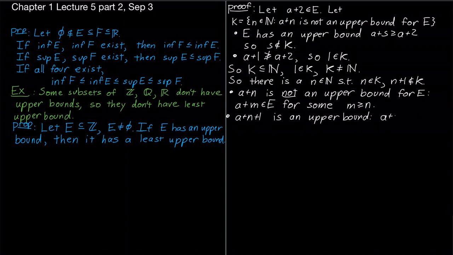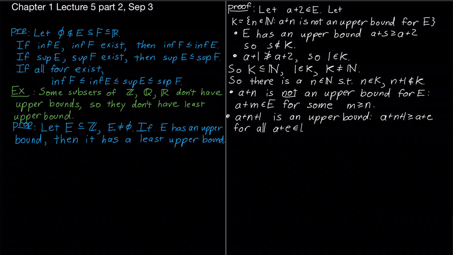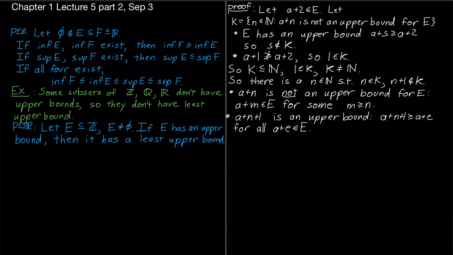So A plus n plus 1 is greater than or equal to A plus e for all A plus e in E. This proof would have been a lot easier if I just said we're going to assume 2 is in our E, but we want to be more general than that, so we're throwing in some other stuff.